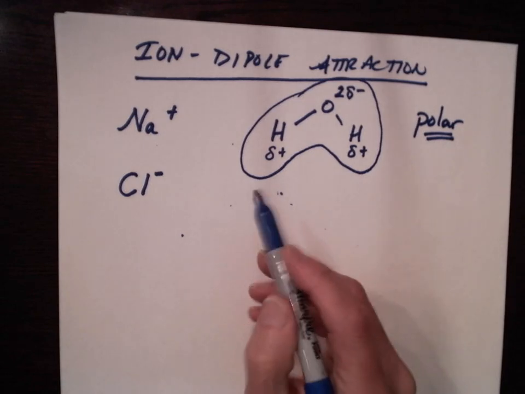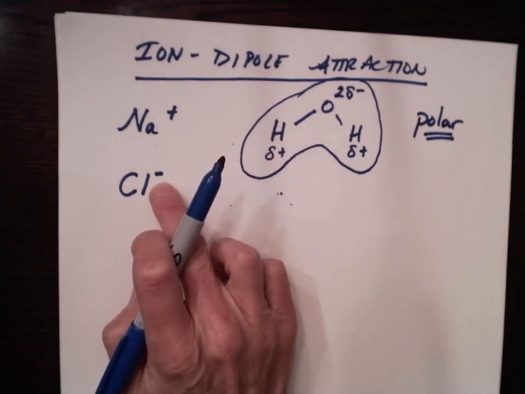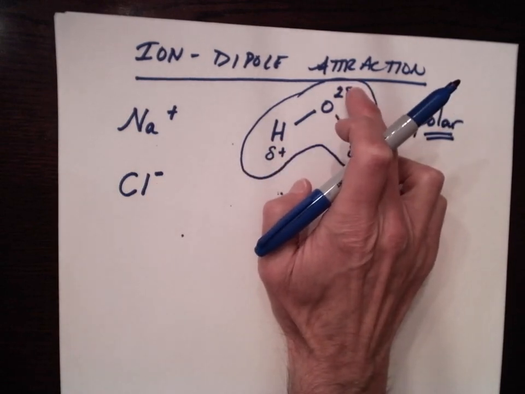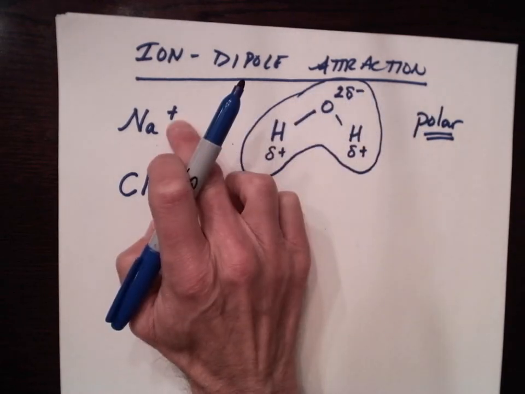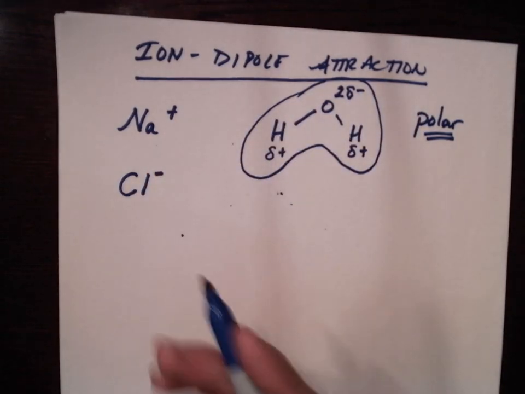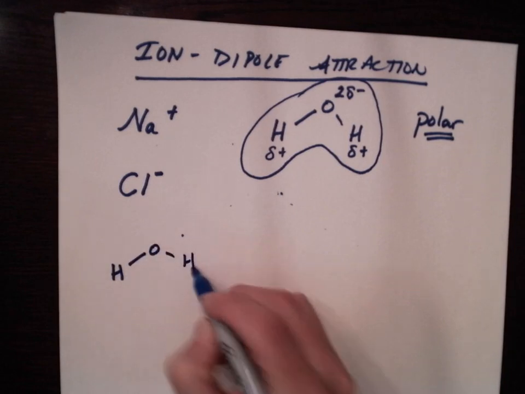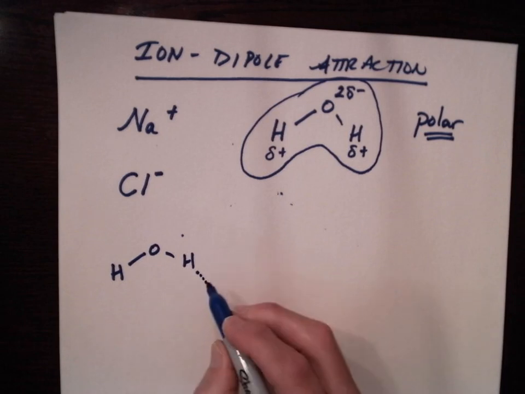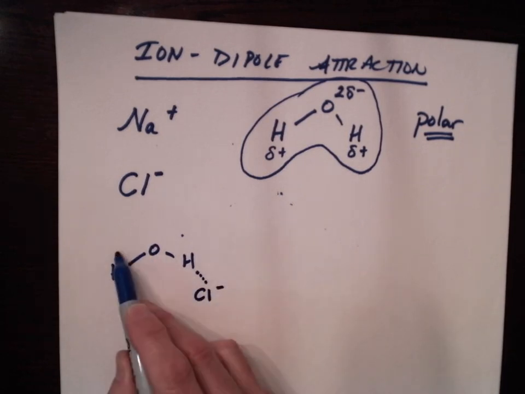If we remember that opposites attract, you'll recognize that the hydrogen atom on the water will be attracted to the chloride ion. The oxygen atom on the water molecule that's partially negative will be attracted to the sodium ion. And so we could set up two different ion-dipole attractions. I'm just going to signify the attraction by a dot.